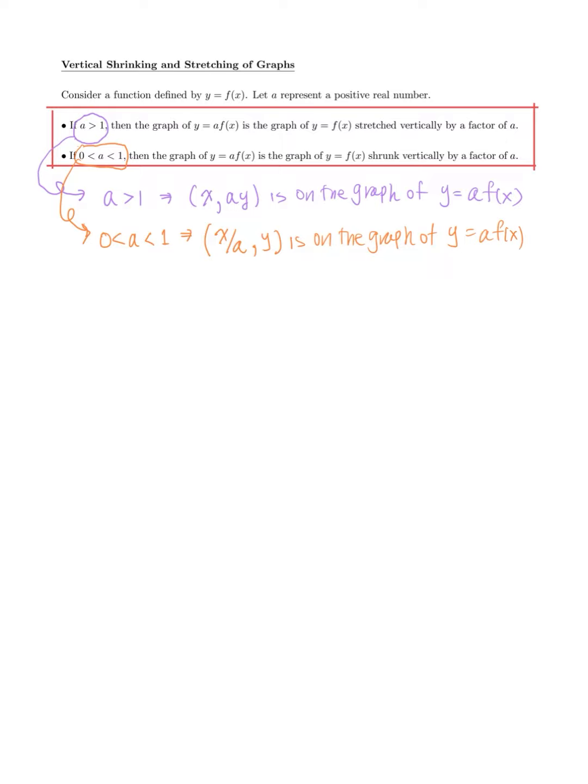So this is good to know because you can double check to see if you graphed it correctly. If x comma a times y is not on the graph of y equals a times f of x, then you know that you did something wrong.